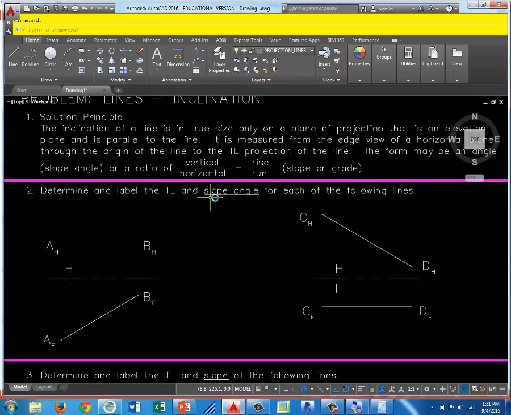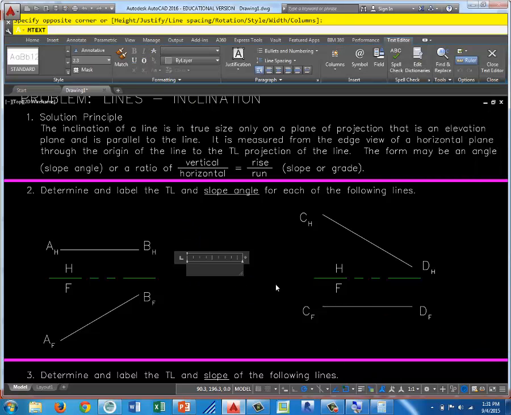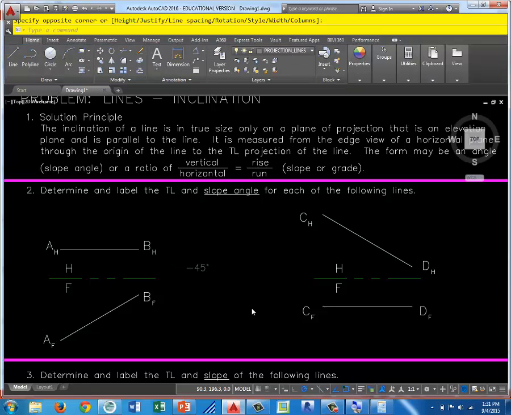Determine the true length and the slope angle for these 2 lines. So again, just use your multi-line text tool, and whatever you think the angle is, and I'm not saying this is the angle, but I'm just giving you an example, out to the side, type in what you believe the slope angle is. You said like 6 and 7? Lines 7 and 8.